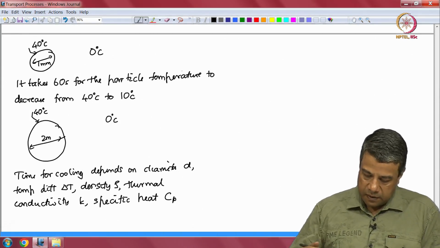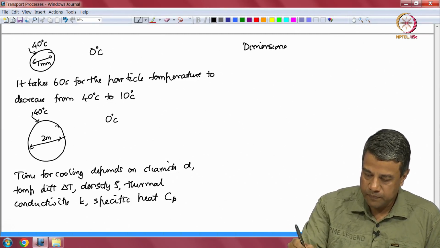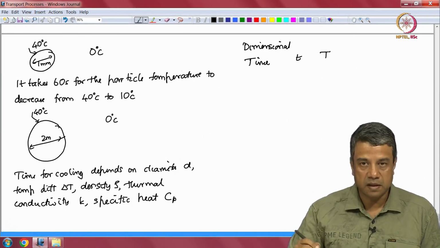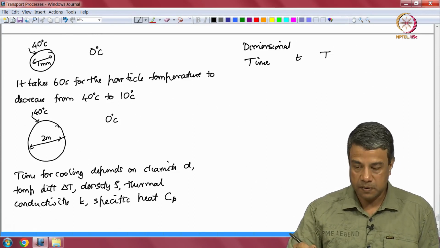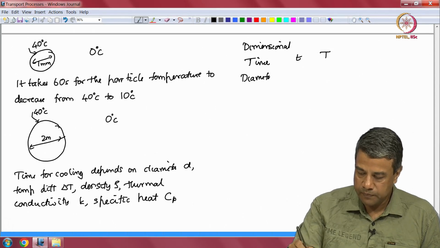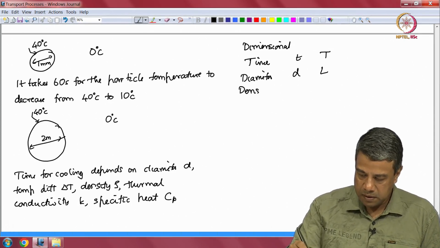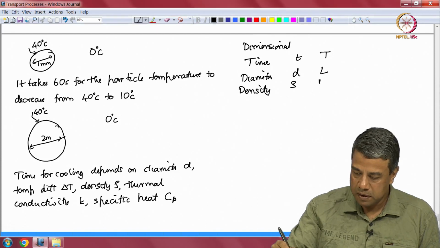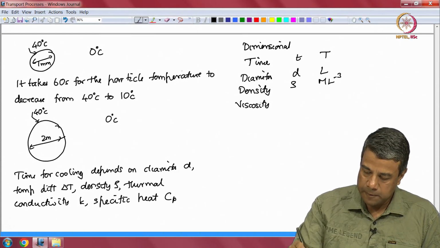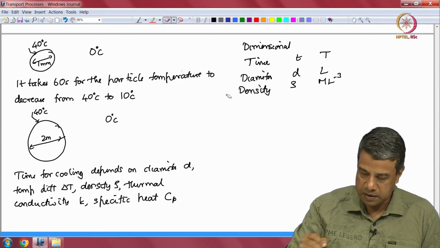So, therefore, I have the dimensional parameters, the time t with dimension T, that is what I want to find out, that is the dependent dimensionless group. The independent dimensionless group are the diameter d with dimension L, density rho with dimension m L power minus 3, the specific heat. Okay. There is no flow here, so I just have the specific heat.